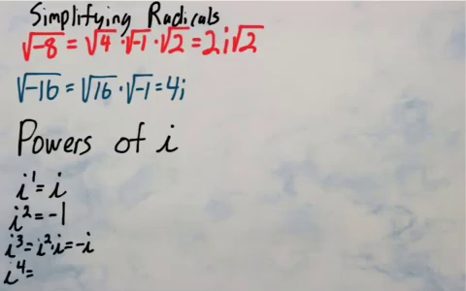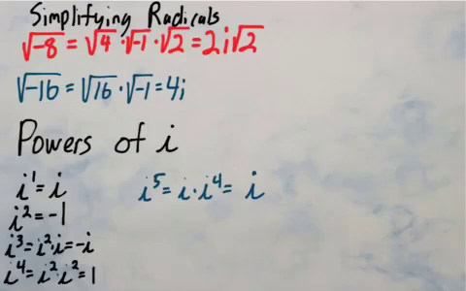i to the fourth ends up being i squared times i squared. Well, that's negative 1 times negative 1, which is positive 1. All right, continuing this pattern on, i to the fifth would be i times i to the fourth. So that is i times 1, which is i. i to the sixth would be i squared times i to the fourth.